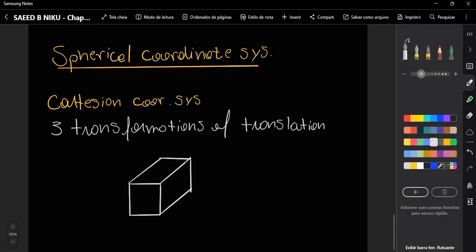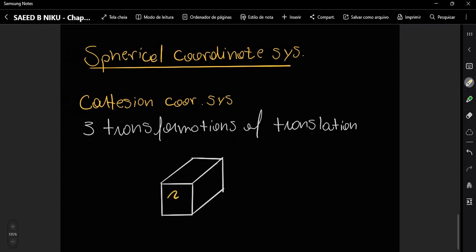And we can draw the axes. Right here we have the z-axis, the y-axis, and the x-axis, x, y, z, and this is a three-dimensional space.